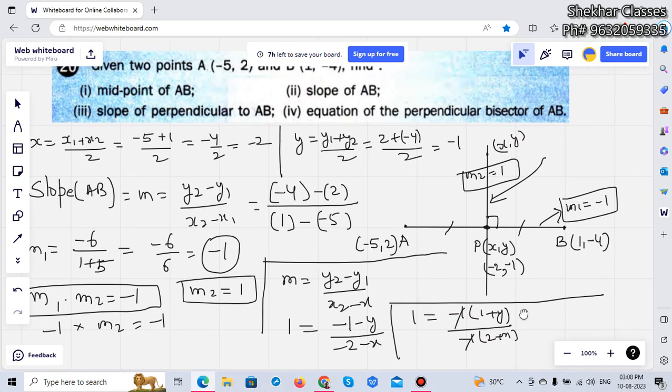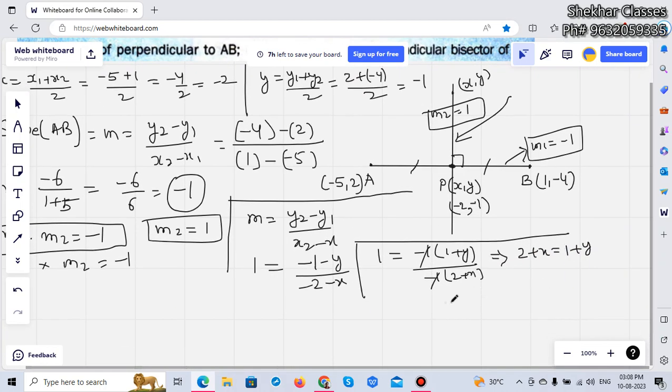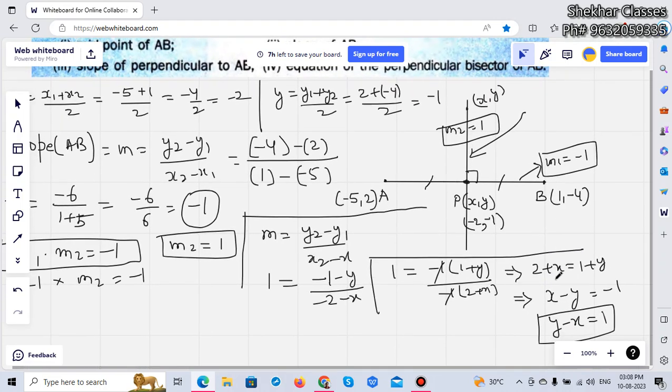We get the equation as 2 plus x is equal to 1 plus y. And if I solve that here, I will get x minus y is equal to 1 minus 2, which is minus 1, or we can say y minus x is equal to 1, right? So this is the equation of the perpendicular bisector of the line here. Fine.